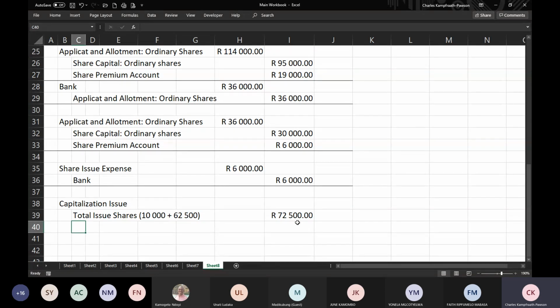And the capitalization issue is 3 shares for every 5 held. So that is divided by 5 times 3. Everybody happy with that value?